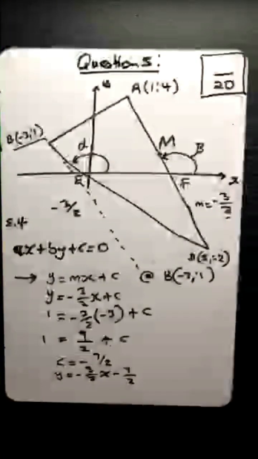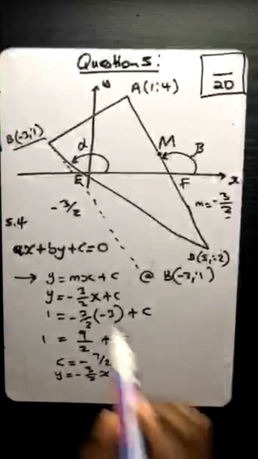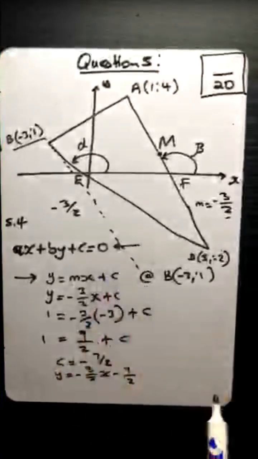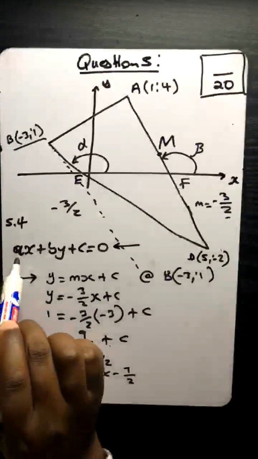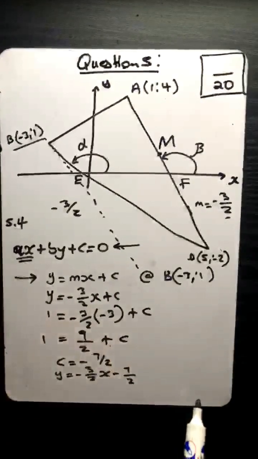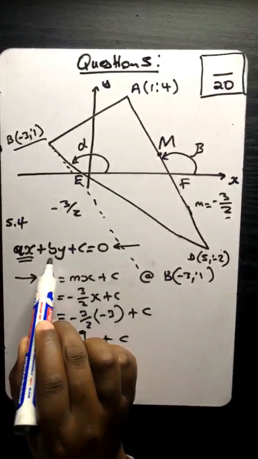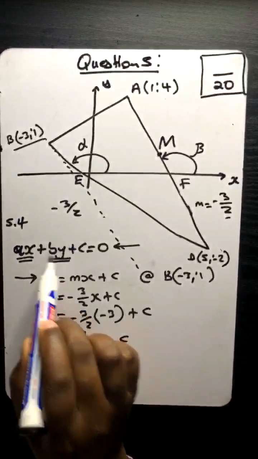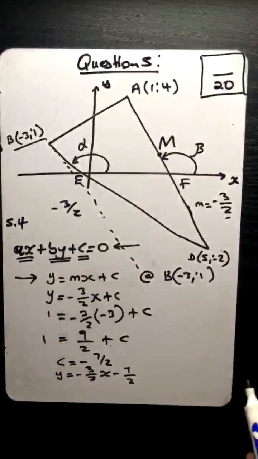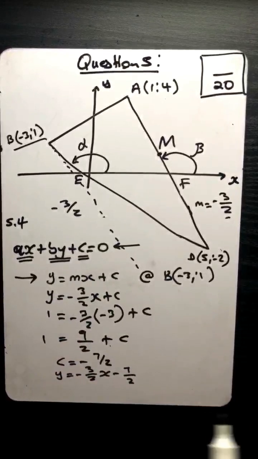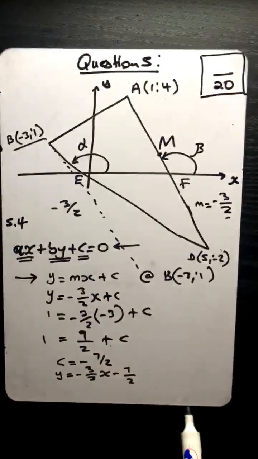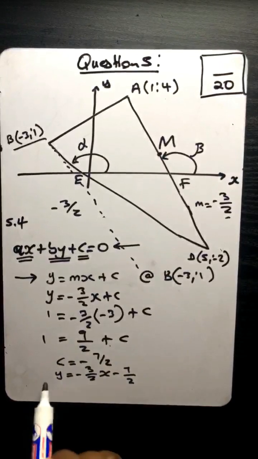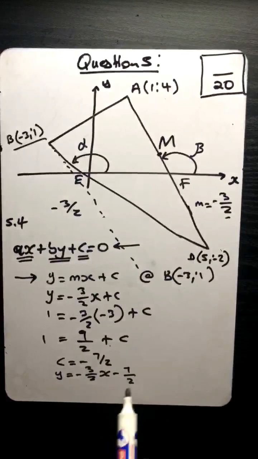Yes, sir. 100. Okay, so this is the format in which they want your answer. Can you see? You need to make sure that your x is attached to a certain value, your y is attached to a certain value, and you just have a constant. To rewrite this in that format, you can multiply everything by a common factor, being 2.